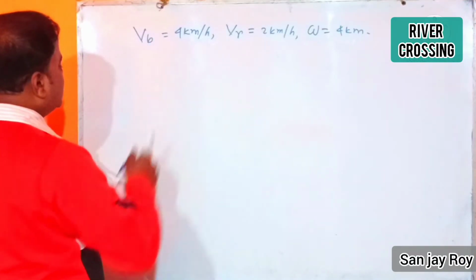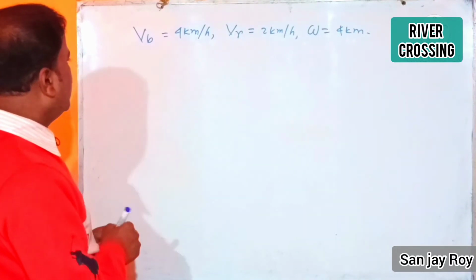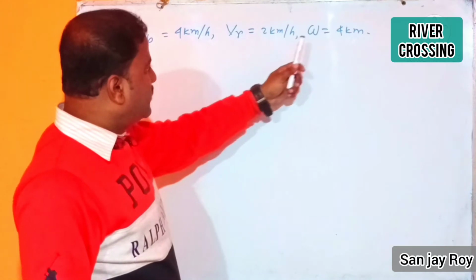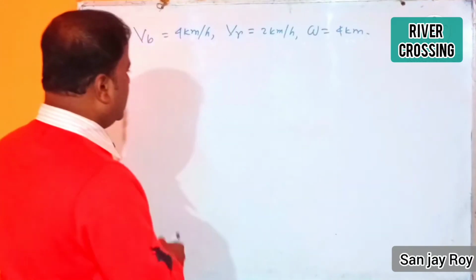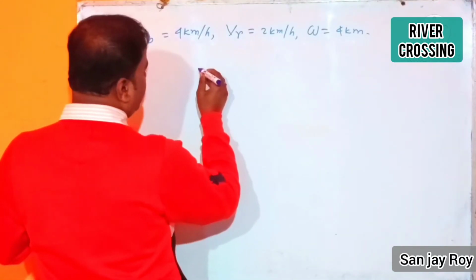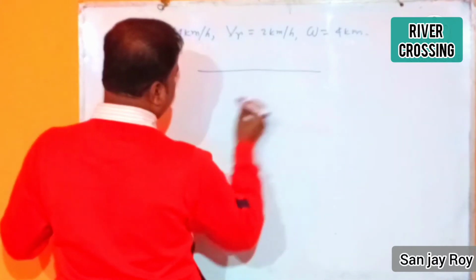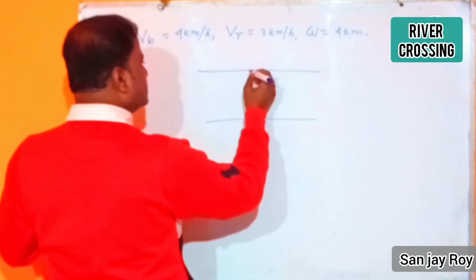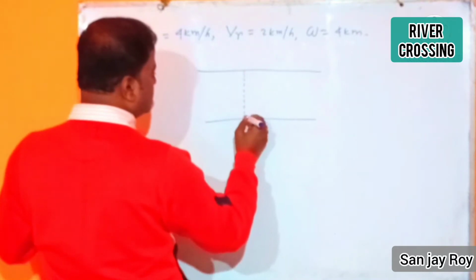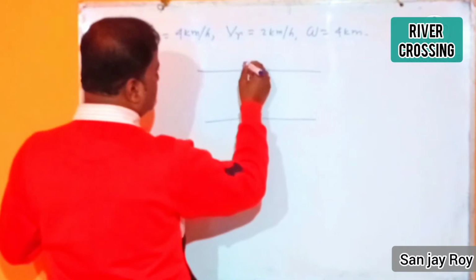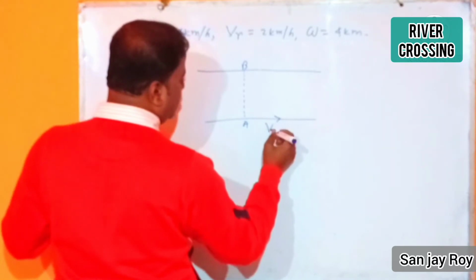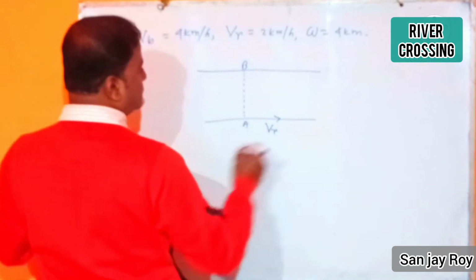VB, that is the velocity of the boat in still water, 4 km per hour, and river current 2 km per hour. The width of the river is 4 km. This is the river current VR.